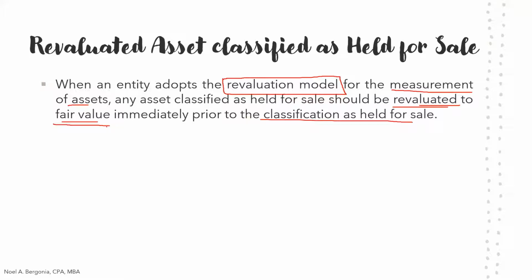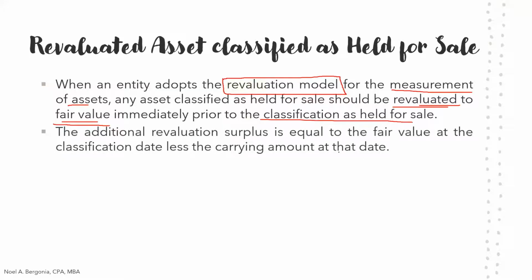But we should revalue it immediately prior to the classification as held for sale. Then the additional revaluation is equal to the fair value at the date of classification less the carrying amount at that date. So that is our basis: the fair value and the carrying amount at the date of reclassification.